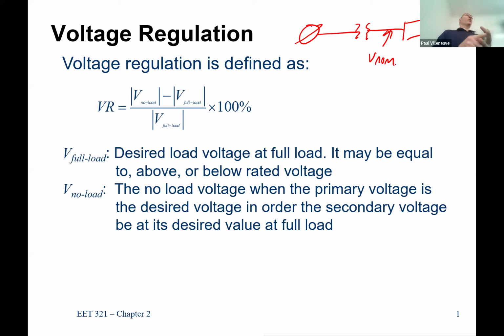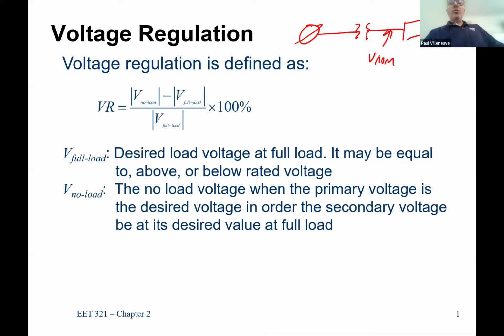Otherwise you're going to get sick and tired of burning out your toaster oven and your laptop, and you'll go to somebody else or complain to regulators, who will shut all the utilities down. So they constantly work to make sure the voltage at the load is within nominal plus or minus a certain tolerance.